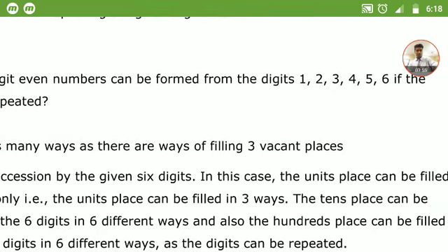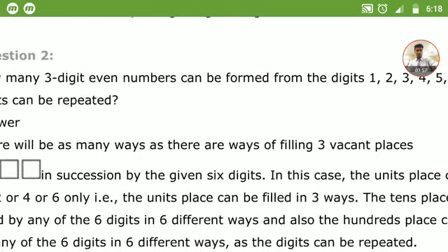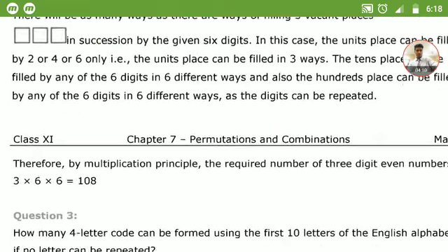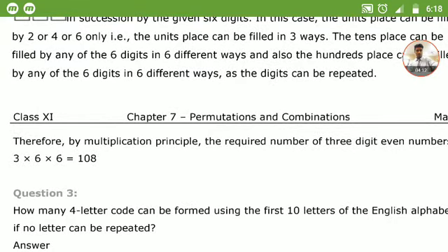How many even numbers are there? 2, 4, 6, so 3 ways to fill the units place. Now repetition is allowed, so the tens place has 6 ways, and the hundreds place also 6 ways. 6 into 6 into 3 is your answer: 108 ways.